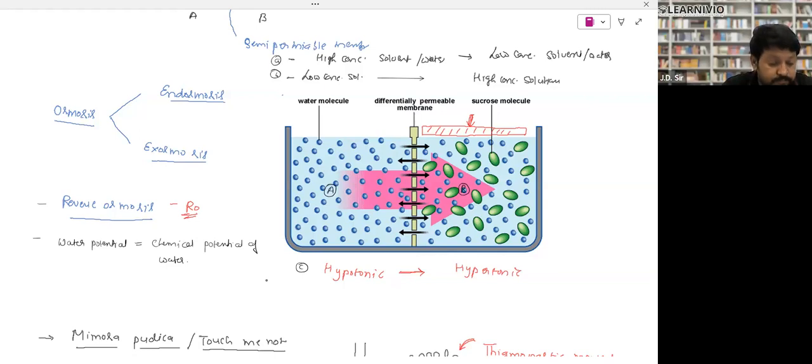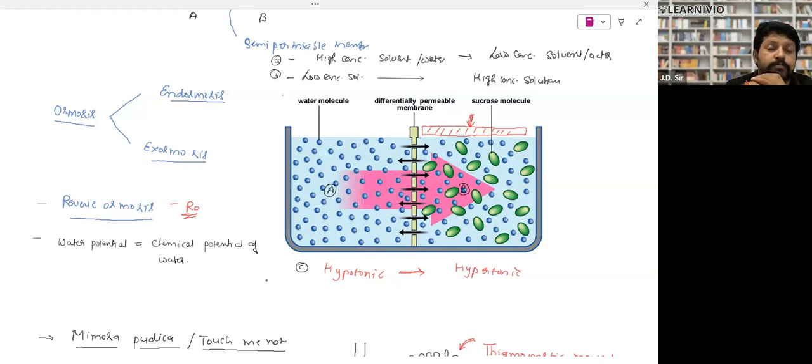Osmosis can be of two types: endosmosis and exosmosis. So there are two types. In endosmosis, the osmotic entry of water into a cell, organ, or system takes place.